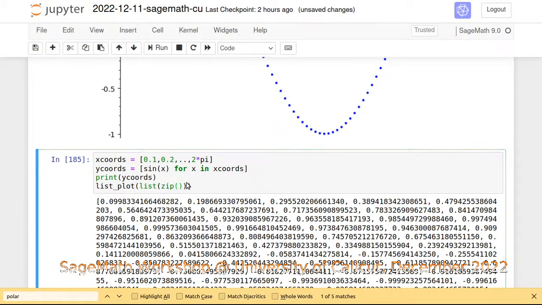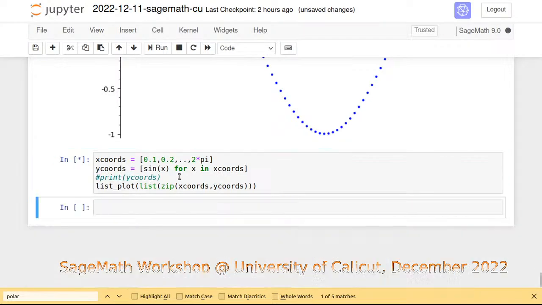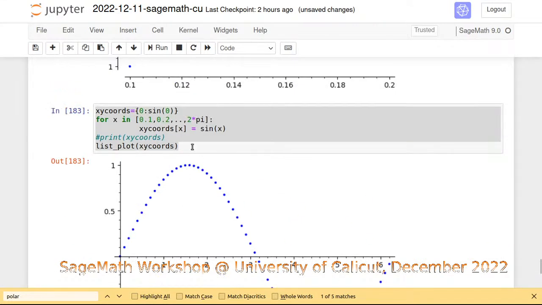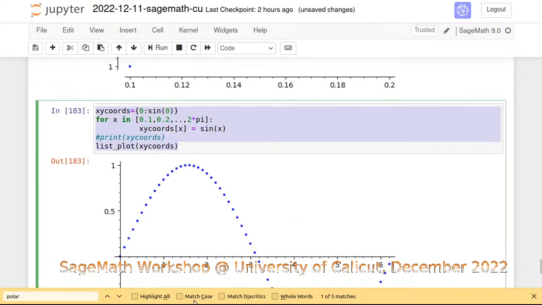That's the function I am using. x, comma y, to see if it's working. This is the first way, and that's the alternate way. That's easier, much easier.